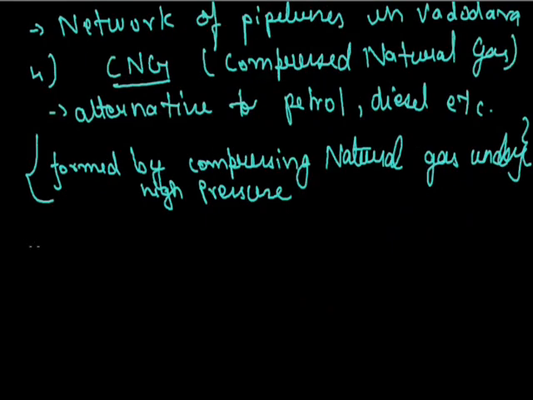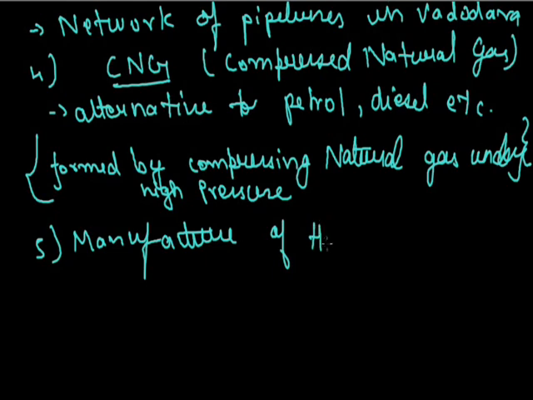The next use is in the manufacture of hydrogen, which is further used in the synthesis of fertilizers. We will describe how hydrogen is formed from natural gas and how it leads to usage in the fertilizer industry. In the first step, hydrogen is synthesized from methane, or natural gas.